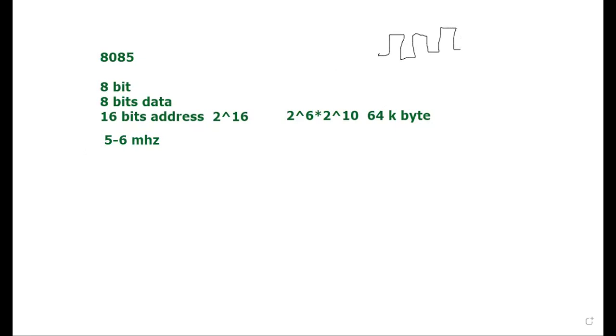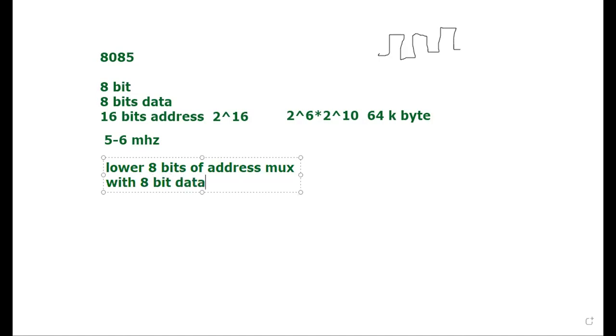Then the main thing is that the lower 8 bits of the address are multiplexed with the 8 bit data. Data is denoted by the D symbol and address is denoted by the A symbol.